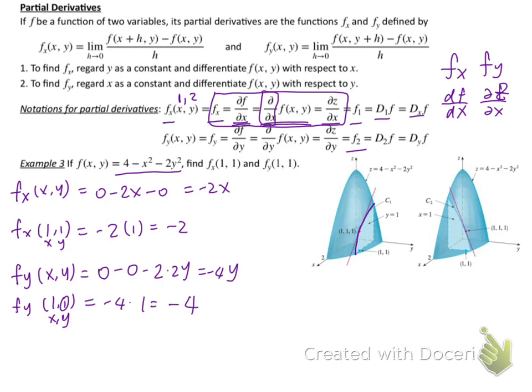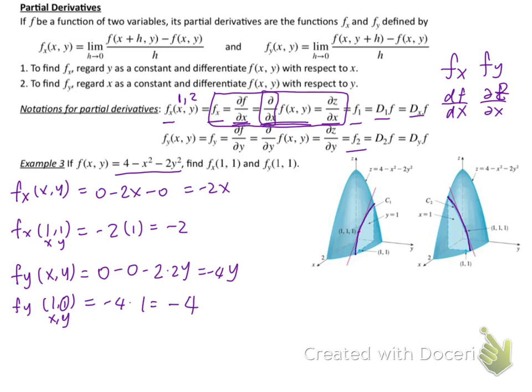And then the negative 2 is the slope of the tangent line at this point. Similarly, if you cut the surface open with the plane x equals 1, you will see a boundary, which is a curve, which is this one, the darker blue one.